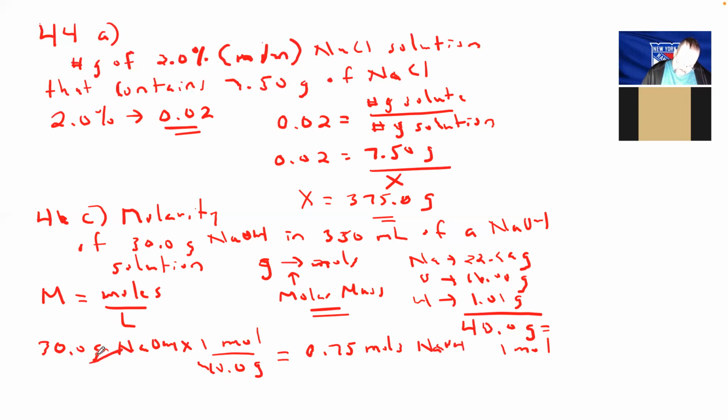Grams cancel out. And I'm pretty confident, but always double check. Yep, 0.75 moles of NaOH. Now, for the 350 milliliters of solution, I need to multiply that by 1 liter over 1,000 milliliters.